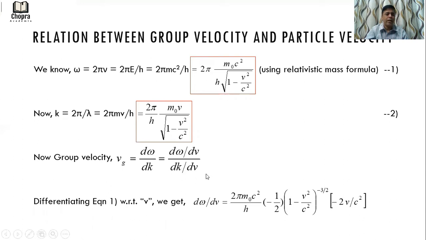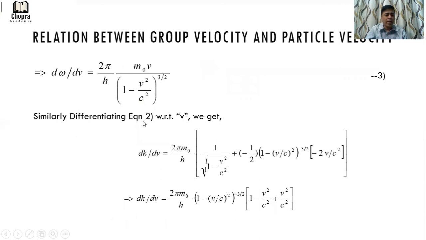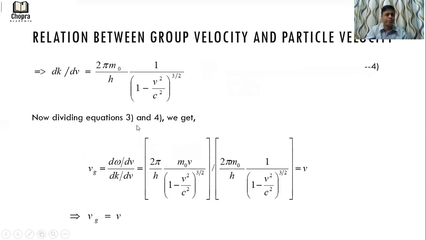So I need to find d omega by dv. We take equation number 1 and differentiate it with respect to the velocity. So I get this long equation after differentiation. Similarly, I have equation 2, which I differentiate with respect to v. I get dk by dv equal to 2 pi m naught by h into 1 by (1 minus v square by c square) to the power 3 by 2.